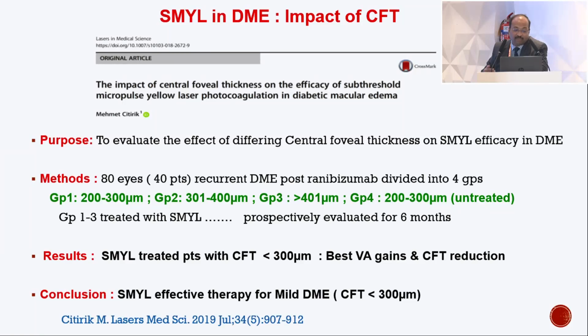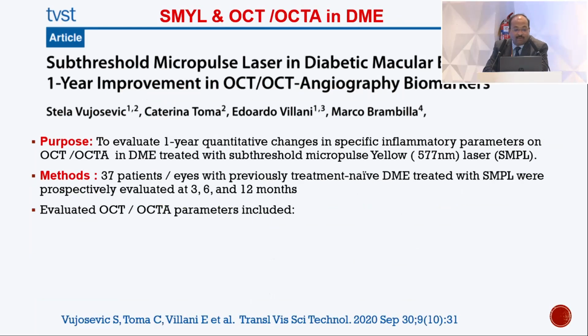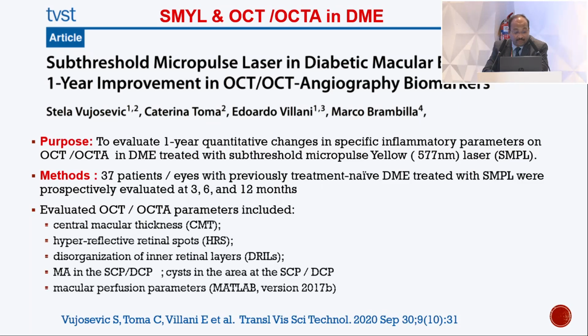And they found that micropulse laser treated patients with CFT less than 300 microns had the best visual gains and CFT reduction. So there's some information for us there, and they concluded that it was most effective in this subset. Now, one of our members of the SOLS Society, AIOS 2025, looked at DME biomarkers and how they affect the OCT and OCTA parameters with micropulse.